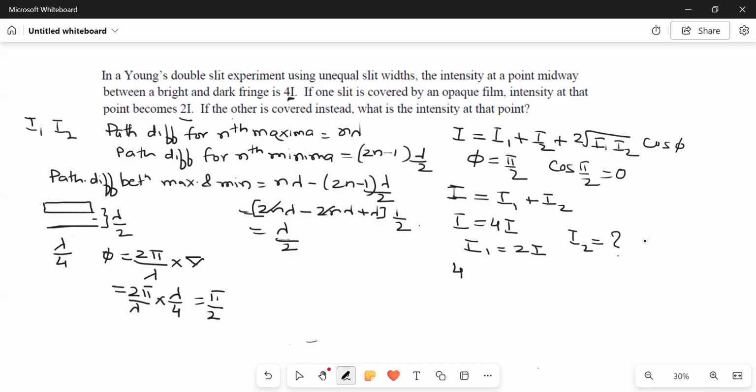So when we put the value, we get 4I equals 2I plus I2, or I2 value is 2I. So 2I is the intensity at that point when the other slit is covered.